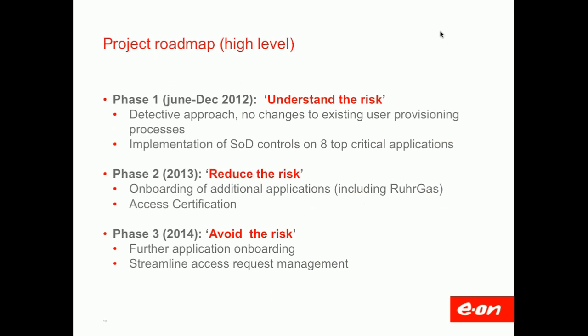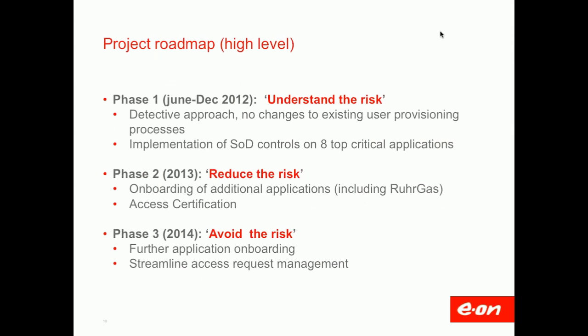In phase 2, which we are currently running, we have included an additional 9 applications which we're connecting to IDEAS, and we are preparing for the next phase, which is going to be kicked off in 2014.